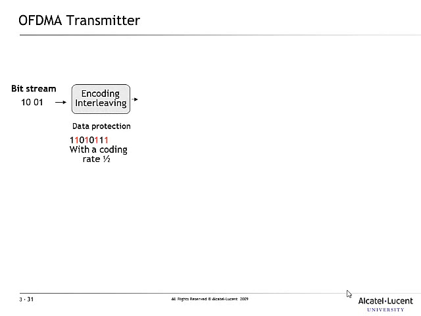For example, in this example, they have taken 4 bits of user data and added 4 parity bits, because we are using a code rate of half. The next thing that we might do in this particular case is use QPSK. So we take every 2 bits and represent it by one QPSK symbol.